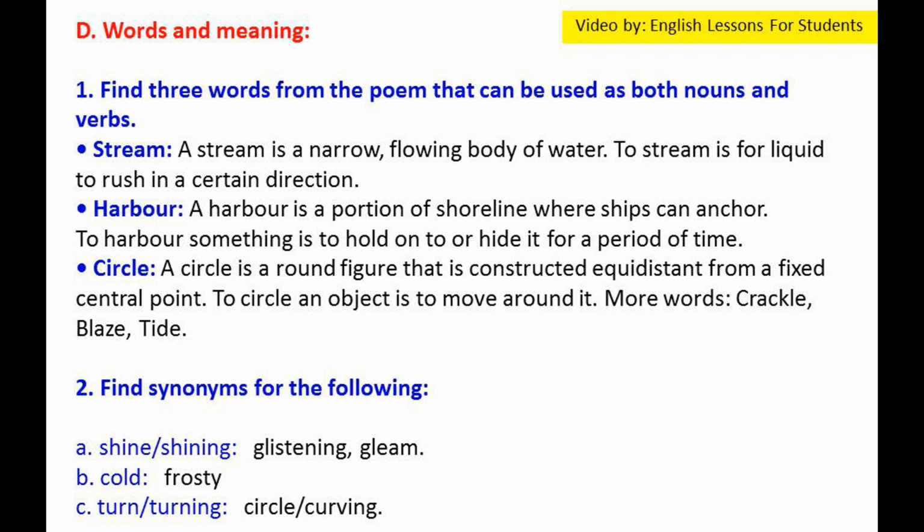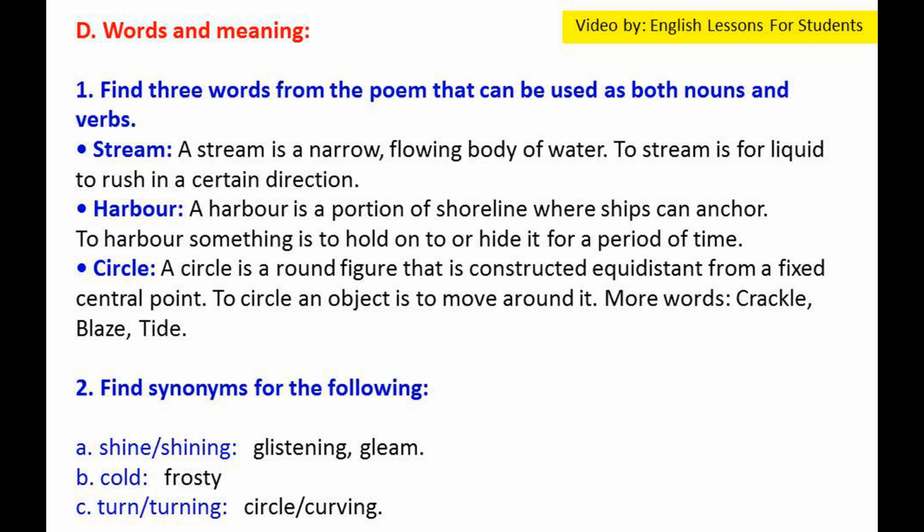D. Words and meaning. 1. Find 3 words from the poem that can be used as both nouns and verbs. Discuss the different meanings. Stream. A stream is a narrow flowing body of water.